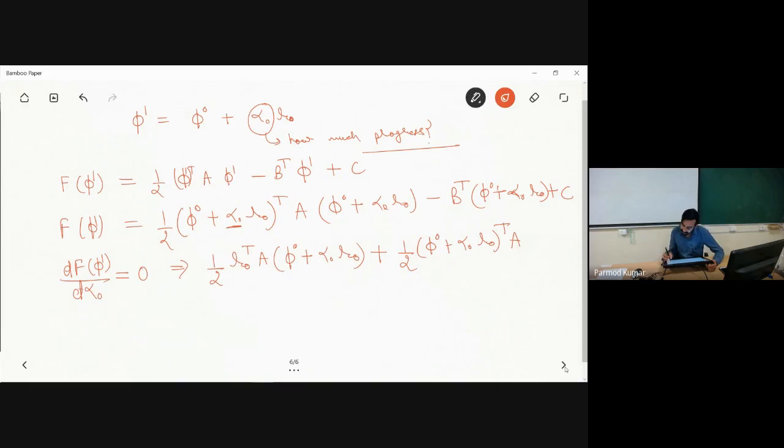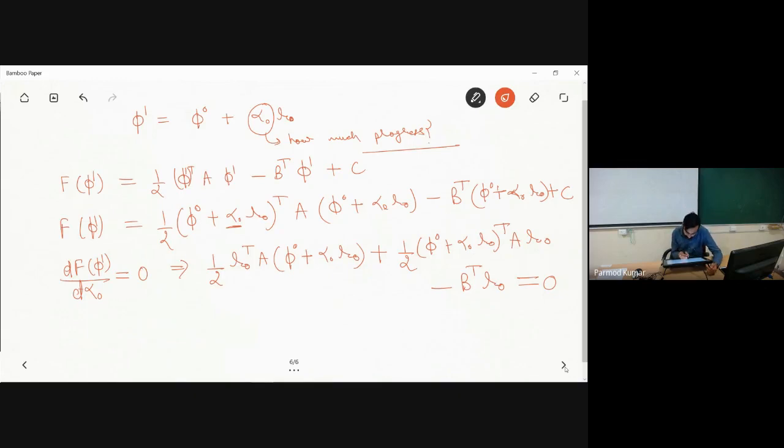If I differentiate, it becomes r naught minus b transpose into r naught, and the remaining terms become 0. So is this step clear to all? This I have to now equate to 0.